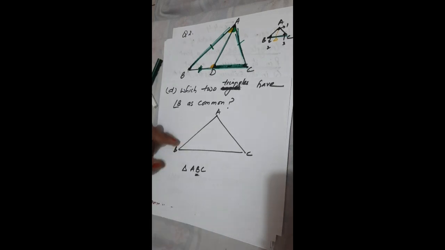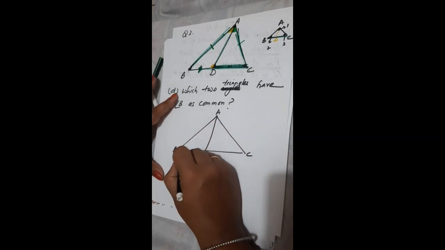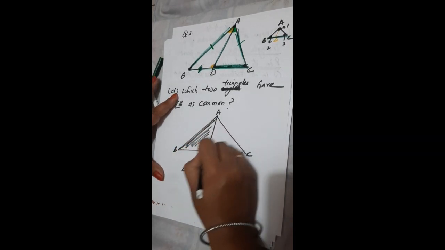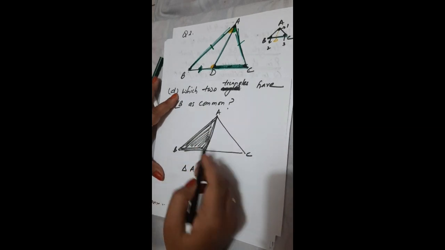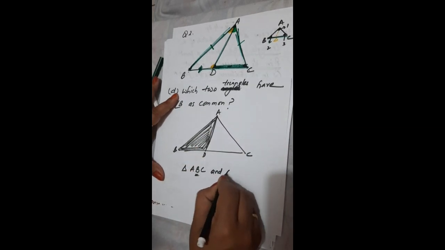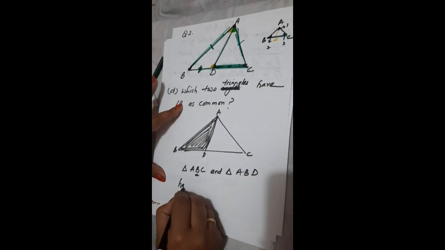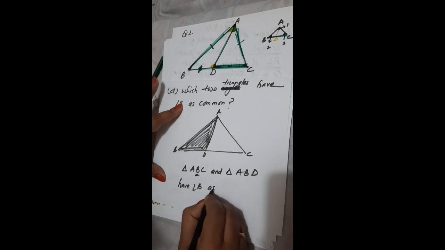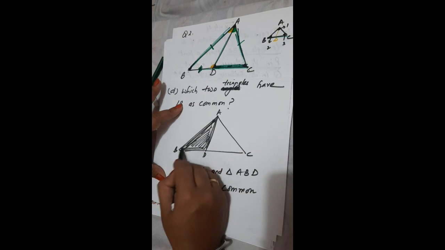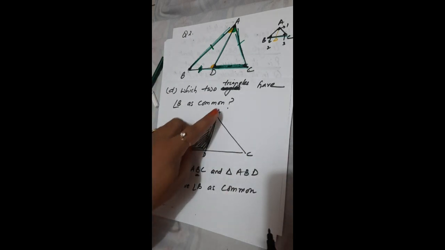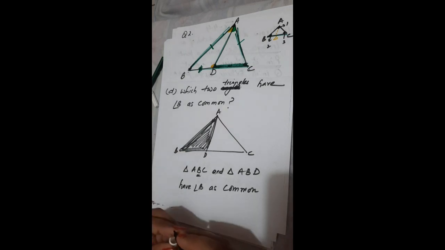Then we have D, means this much portion, triangle ABD. Triangle ABD has angle B as common. So triangle ABC and triangle ABD have angle B as common.